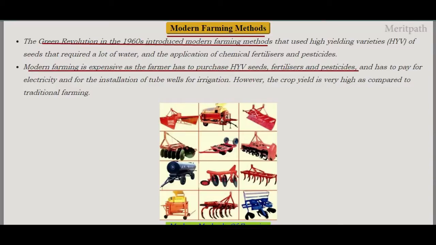Modern farming is expensive because the farmer has to purchase high yielding variety of seeds, fertilizers, pesticides, and he has to pay for electricity, for the installation of tube wells for irrigation. But the crop yield is very high when compared to the traditional farming methods.